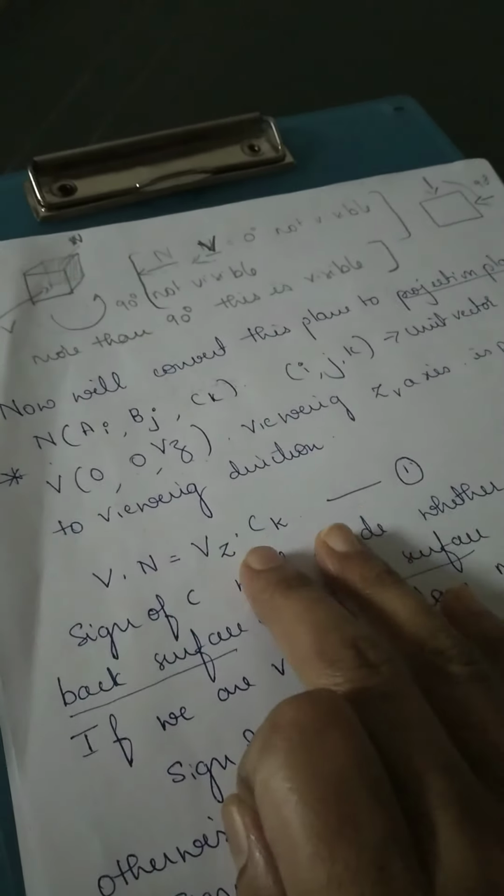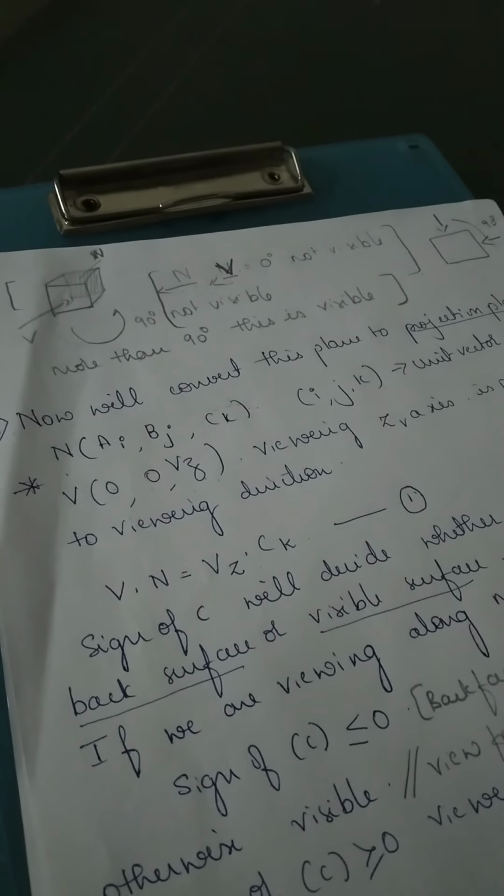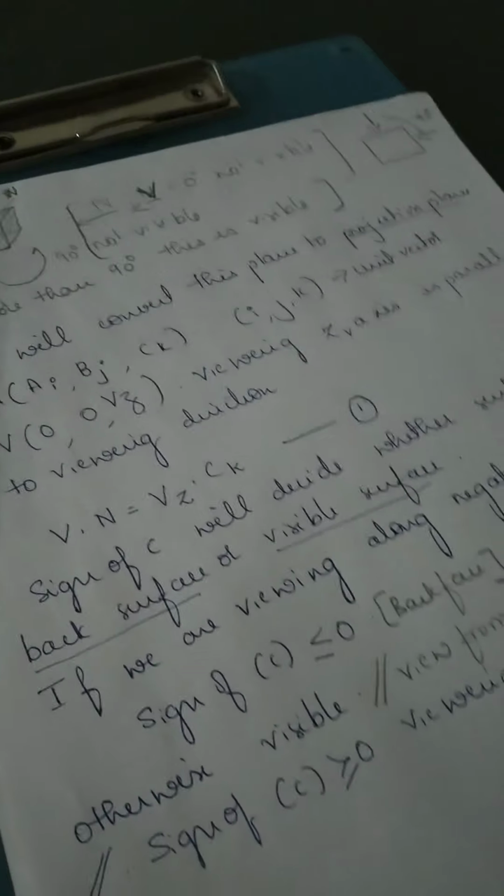Now we have checked hidden and visible surfaces based on the normal plane and view plane. Now we'll convert this into the projection plane.